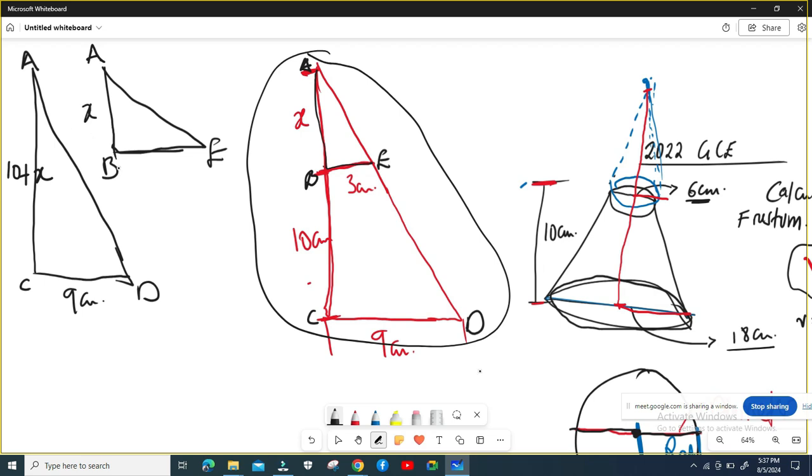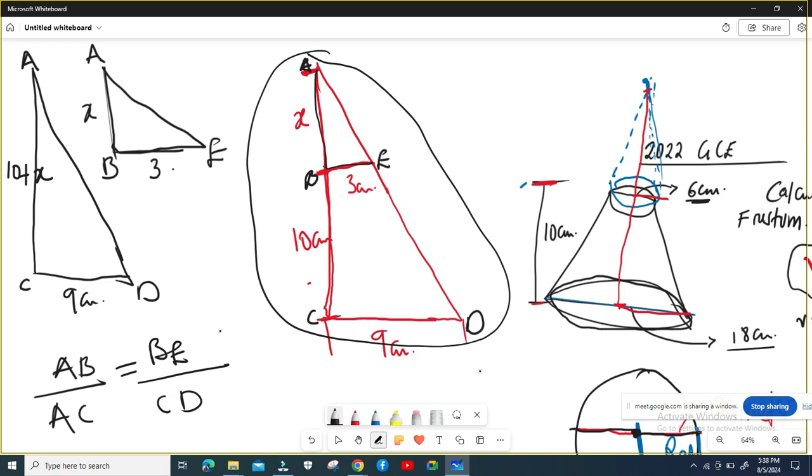Now let's compare the corresponding sides. The height of the small triangle, AB, over the height of the big triangle, AC, should be equal to the base of the small triangle, BE, over the base of the big triangle, CD. Remember, our aim is to know the value of x, the height of the cone which was removed.